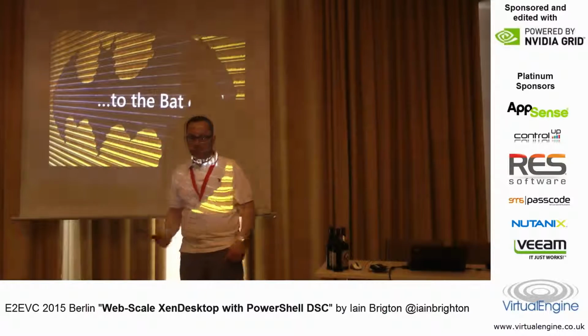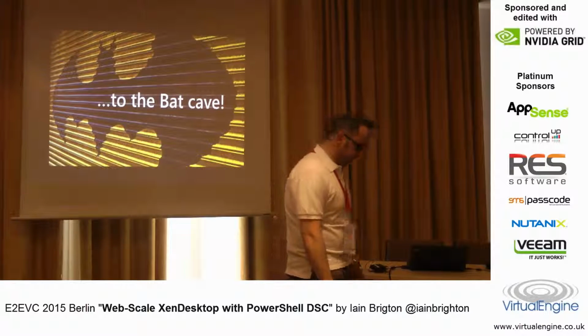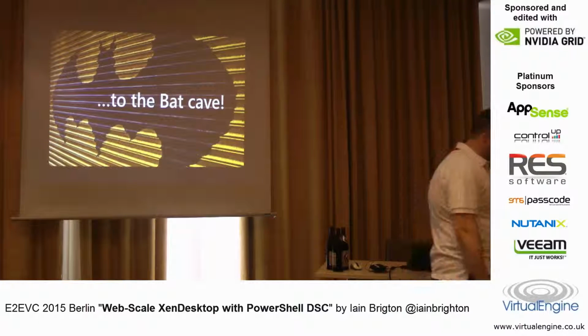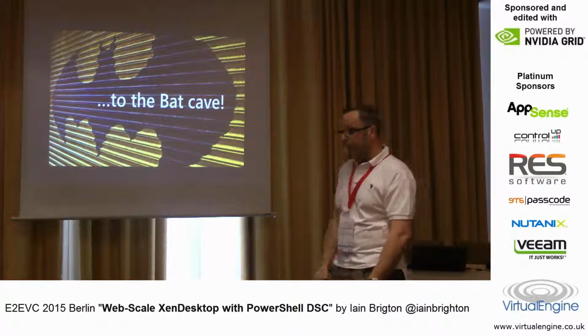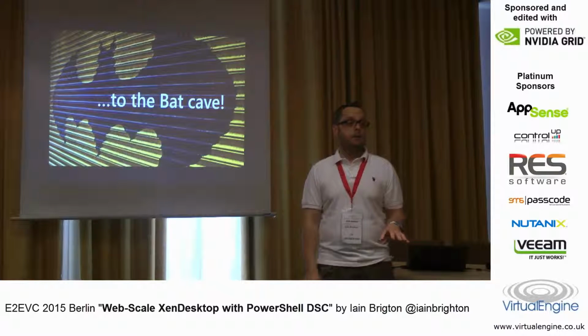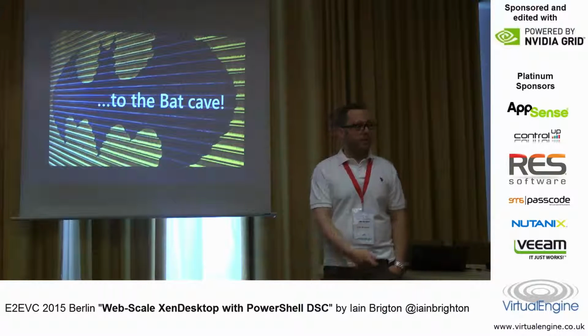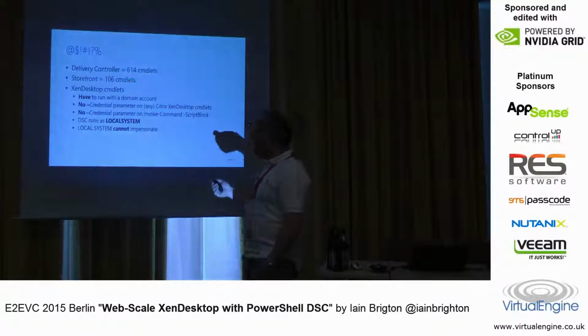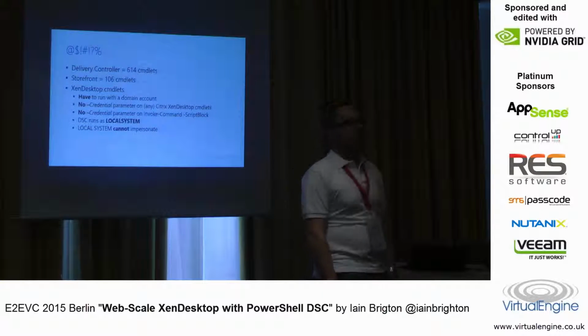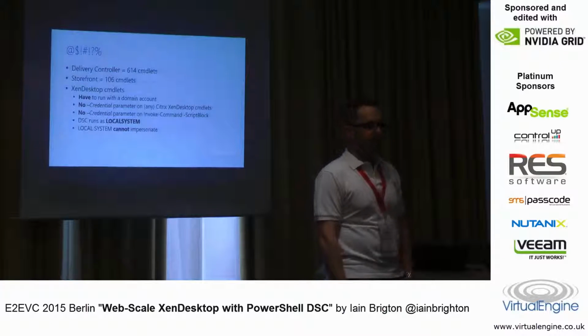So, off to the back cave we went, and tried to come up with some resources. This actually turned out to be a lot bigger issue than I thought it was going to be. I thought it'd be fairly straightforward, until I ran into this: there's a lot of cmdlets to XenDesktop.